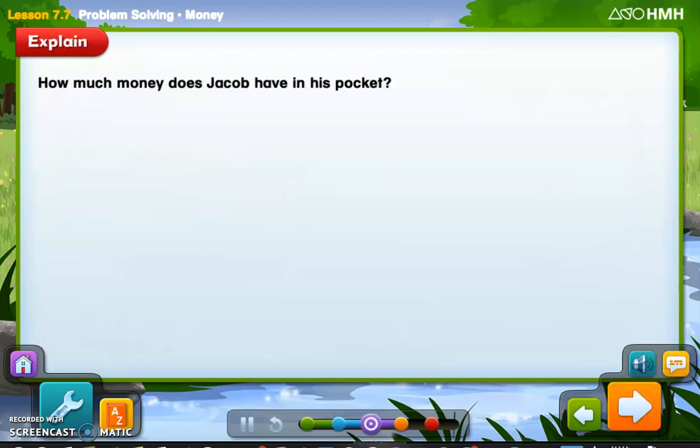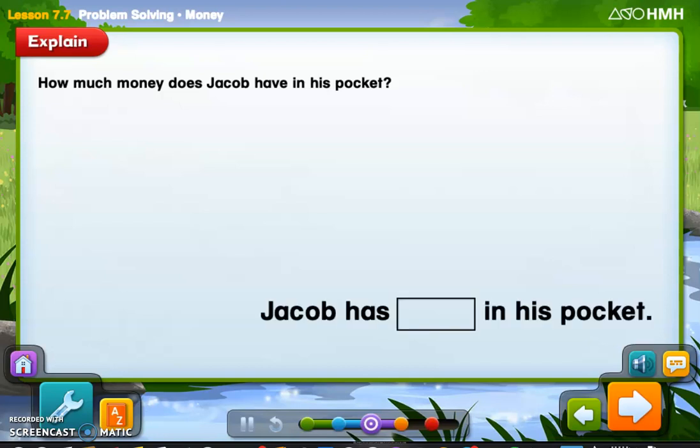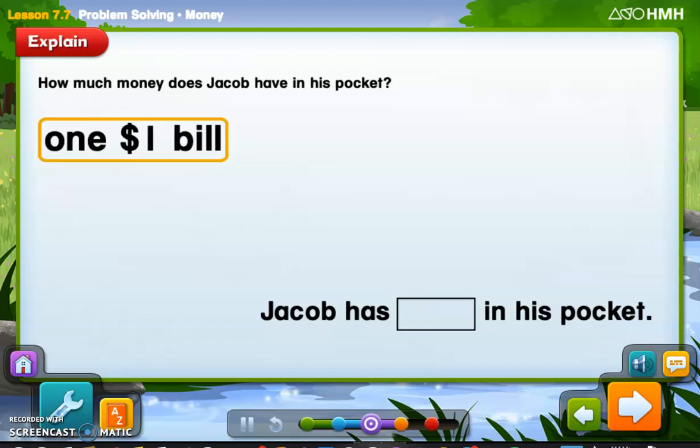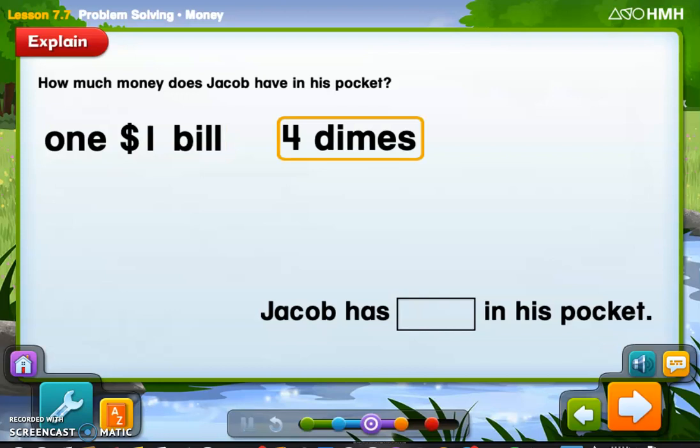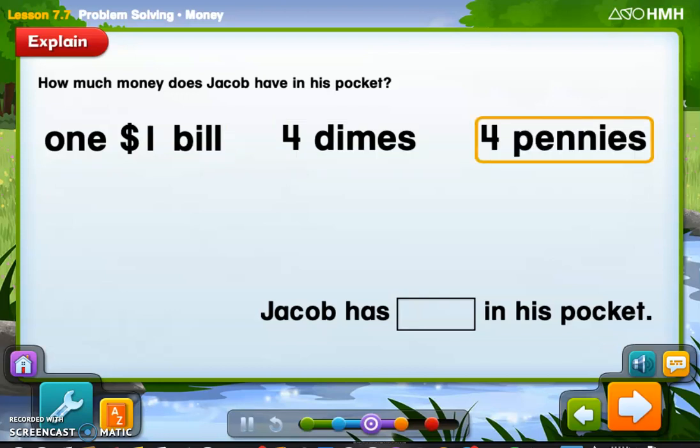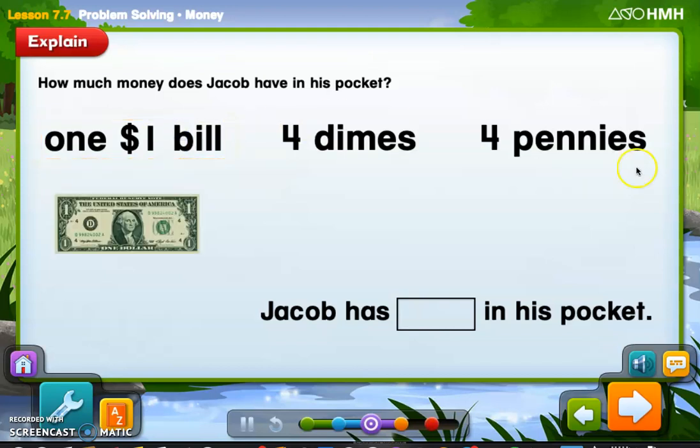Jacob has 1 $1 bill, 4 dimes, and 4 pennies in his pocket. How much money does Jacob have in his pocket? Let's use coins and bills to act out the problem. You know that Jacob has 1 $1 bill, 4 dimes, and 4 pennies in his pocket. Let's start with the bills. Jacob has 1 $1 bill. Let's show 1 $1 bill. Now let's show the coins in order from the greatest value to the least value. Jacob has 4 dimes.